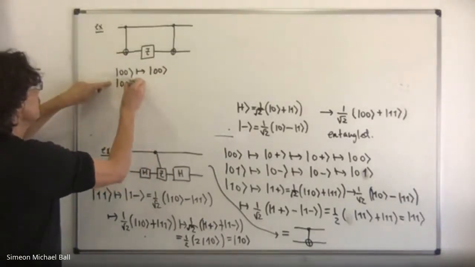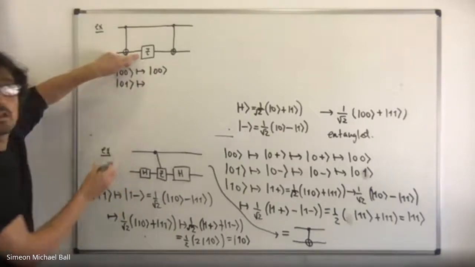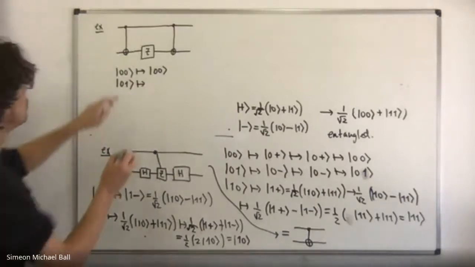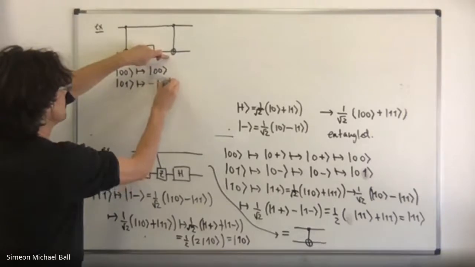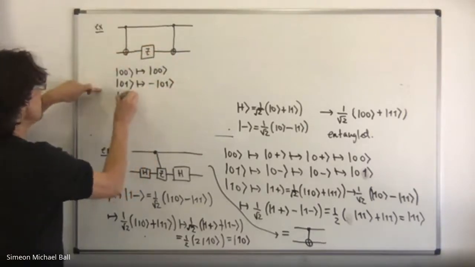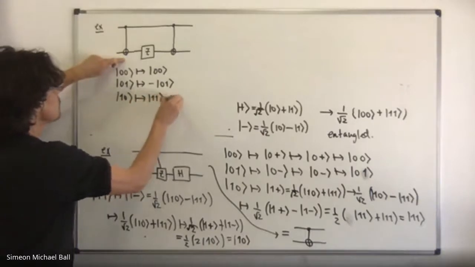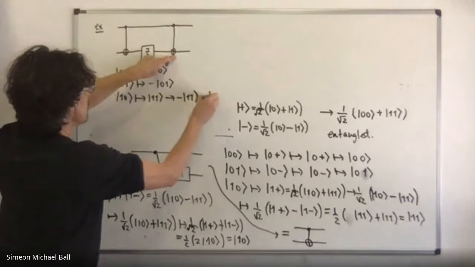0, 1, nothing happens here. That is just automatically applied, that's not a control. So that will pick up a minus, and then nothing will happen here. The 1, 0 will be going to 1, 1, then to minus 1, 1, and then to minus 1, 0.